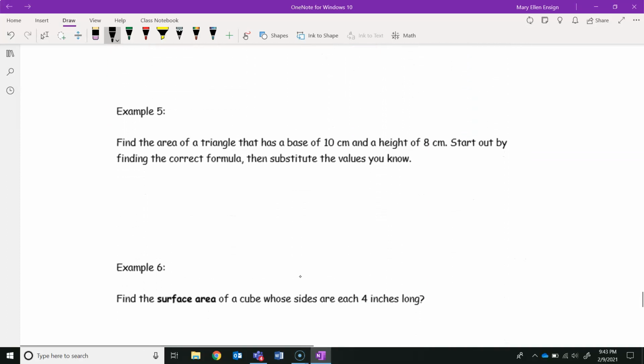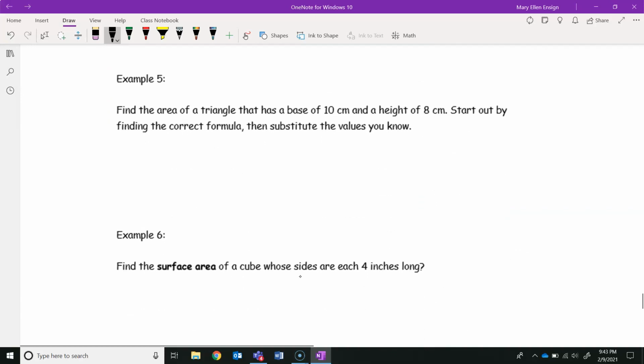Okay, let's do a couple more. What I would like you to do is for 5 and 6, take a look at your reference tables, find the formula that finds the area of a triangle. So find the formula, and then you are given values for the base and the height.